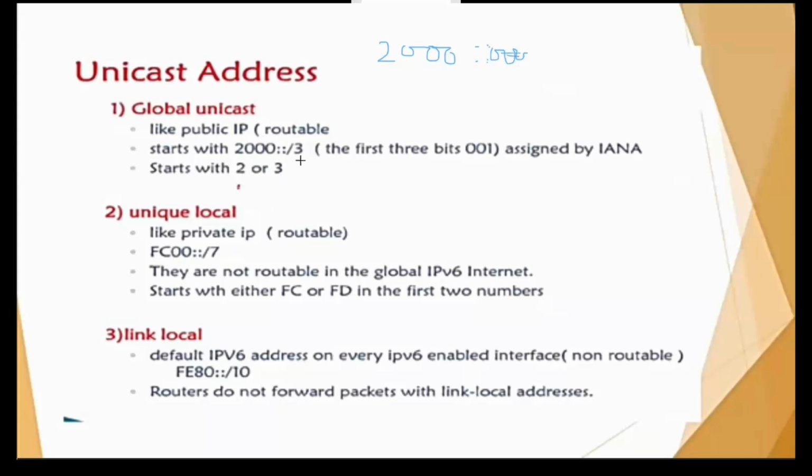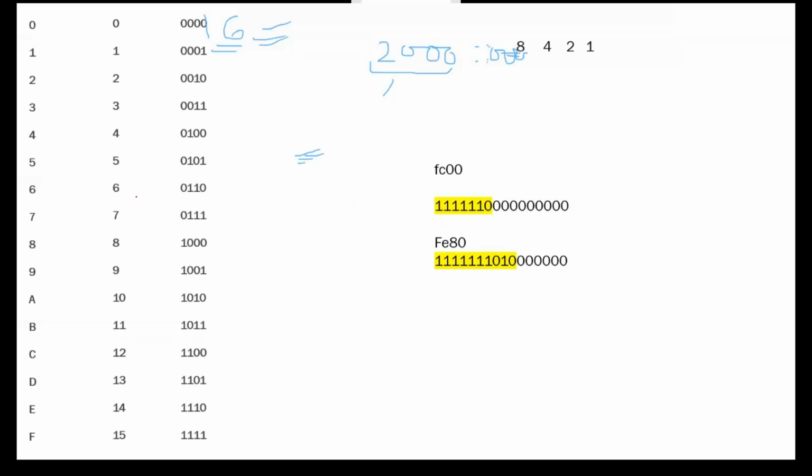Now here, starting 3 bits. What does 3 bits mean? If you convert that value, this time we are converting a hexadecimal format. In hexadecimal format there are 16 digits. So how can we convert that hexadecimal value?